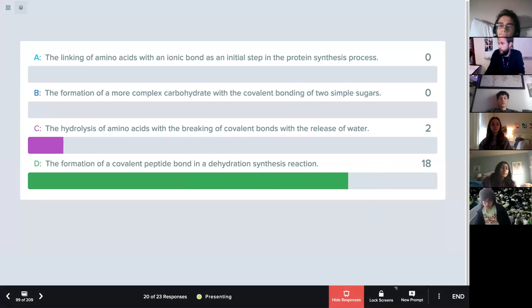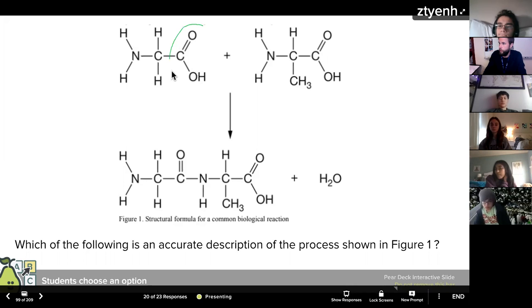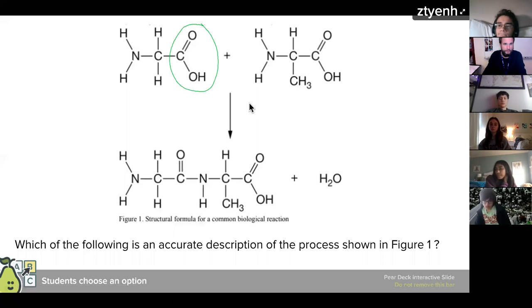Right? Maybe you even noticed the functional groups that were involved in the formation of that bond. So as we wrap up here, which functional group is that? Carboxyl. The carboxyl group.